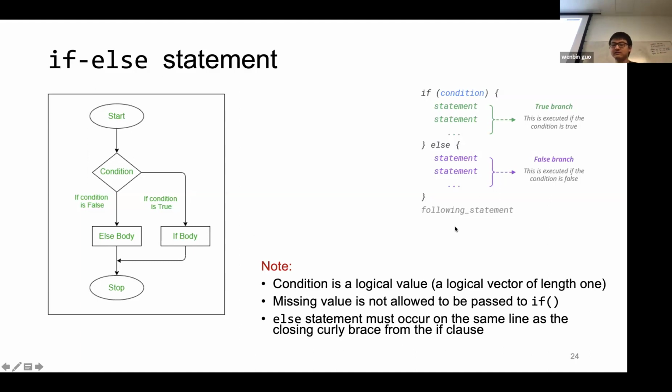The else statement has only one requirement: the else must be on the same line as the previous curly bracket. You shouldn't put an enter key here, otherwise it will break the code. So that's pretty much the if else, pretty straightforward.